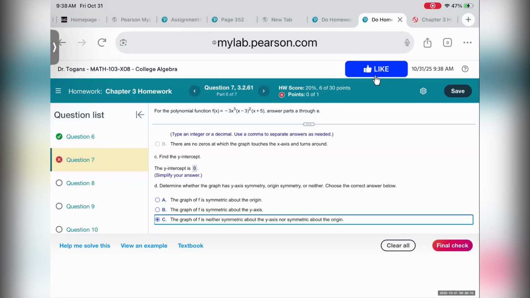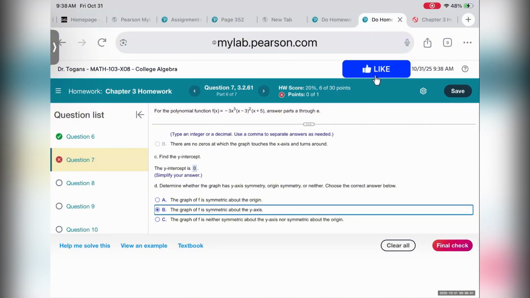So if it doesn't change it, that means it's symmetric. It's okay, it just put x minus 5 first. So that means it's symmetric about the y-axis, I think, if it's still the same.